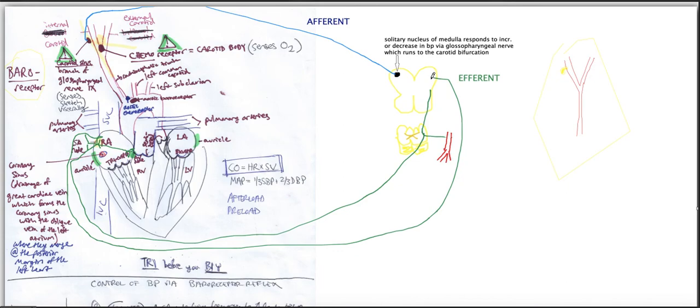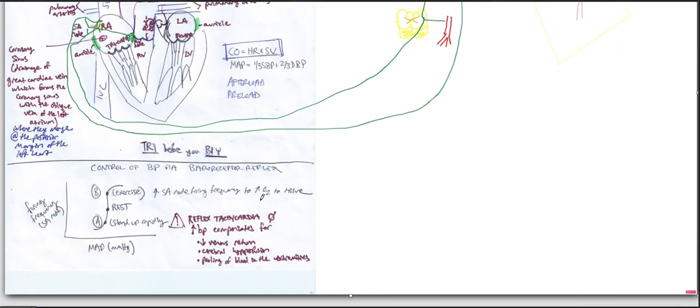So the efferent fibers run through here to the SA node and connect to the AV node, and they increase heart rate.